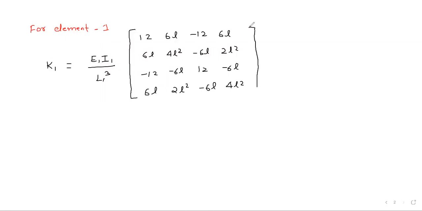So this is the stiffness matrix K1 for element number 1. Now what we need to do, we need to put all the values because we have all the given values. L value is given as 500 centimeter, L1 is nothing but 500 centimeter only.